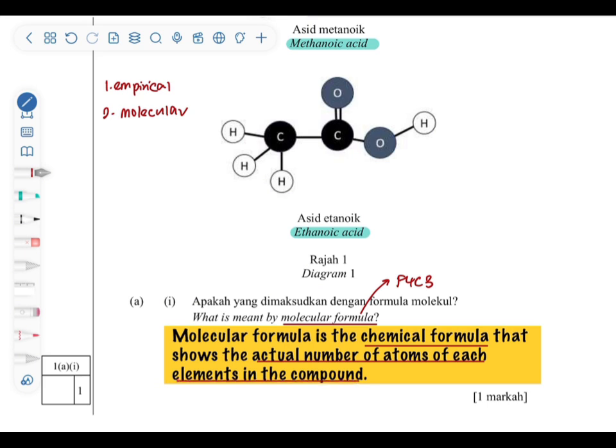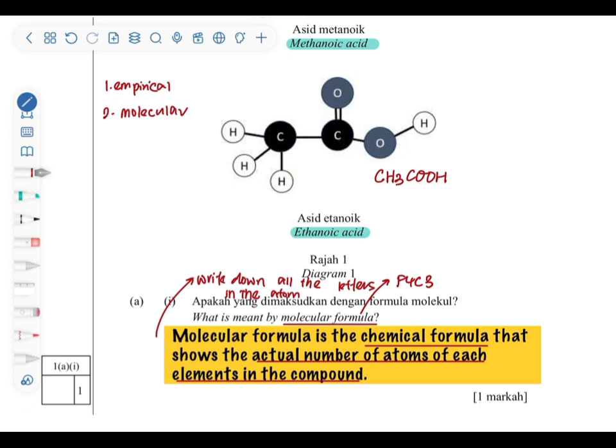What does it mean? In these questions, let us use ethanoic acid as an example. If I want you to write out the molecular formula for ethanoic acid, you need to write it as CH3COOH. Basically, you just write down all the letters of the atoms of the ethanoic acid.